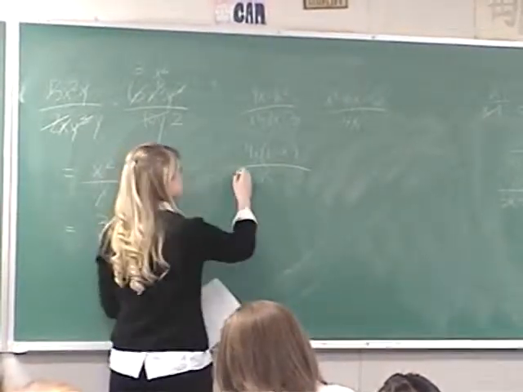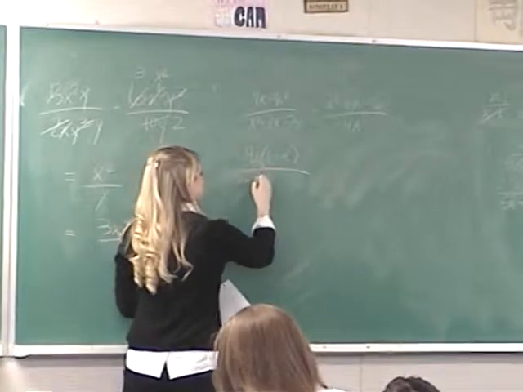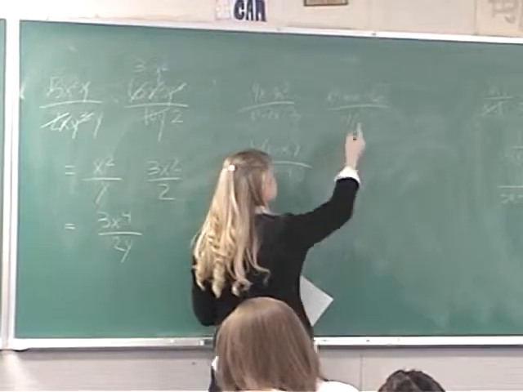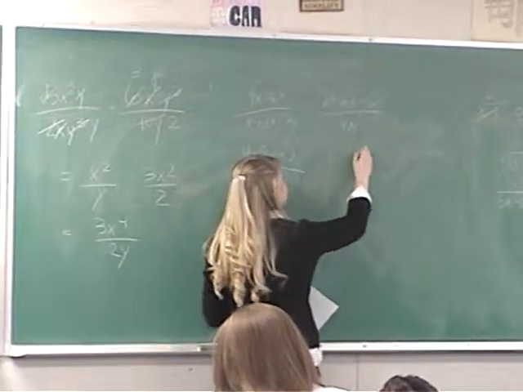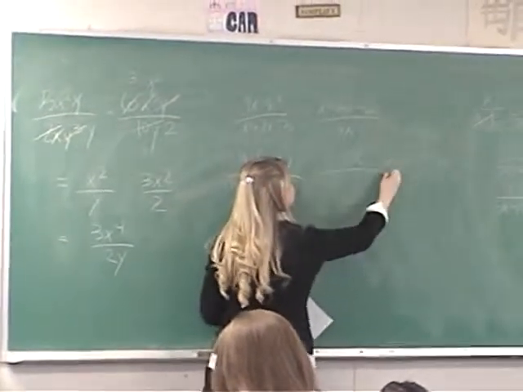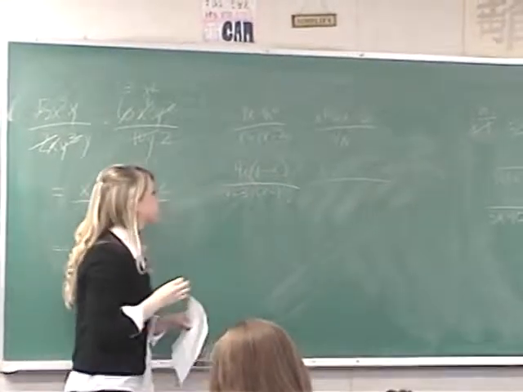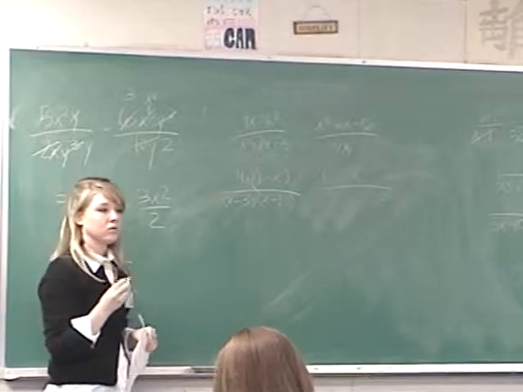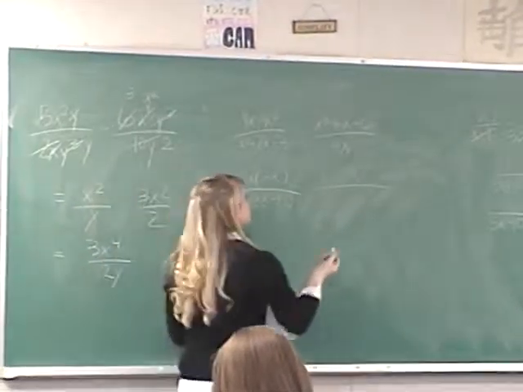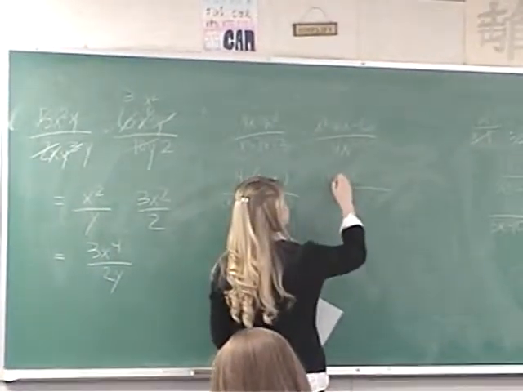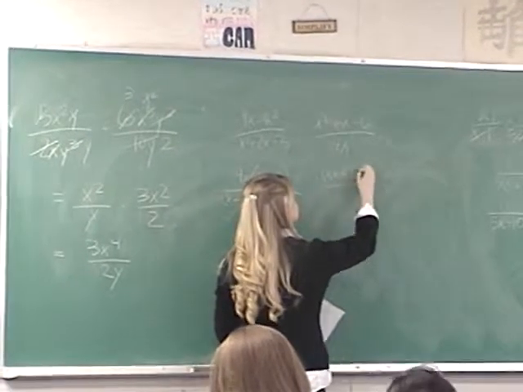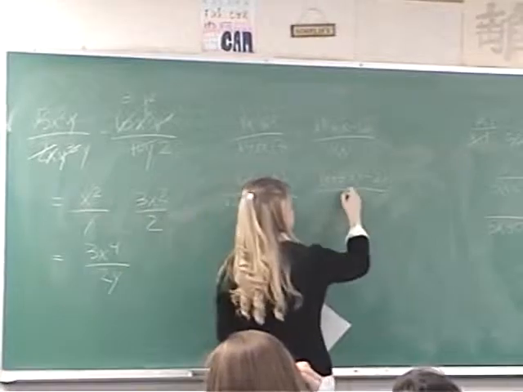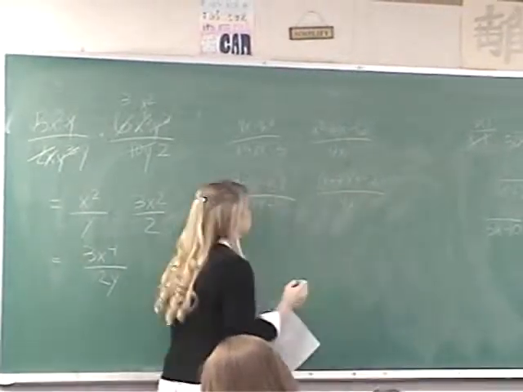Plus 3x minus 1. Okay, and how about this other side? The bottom one we leave as 4x.